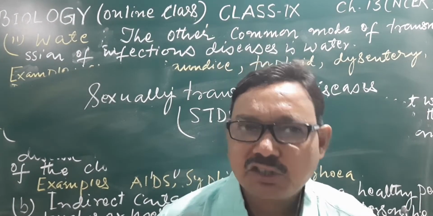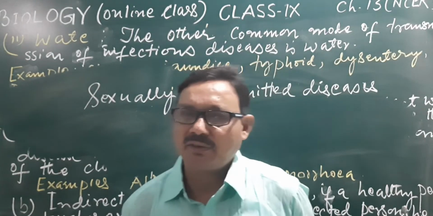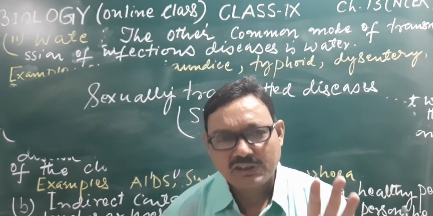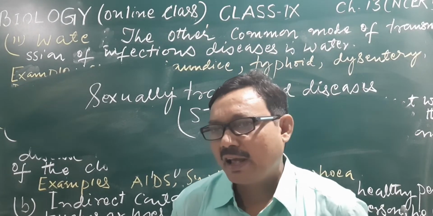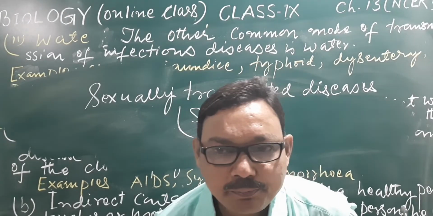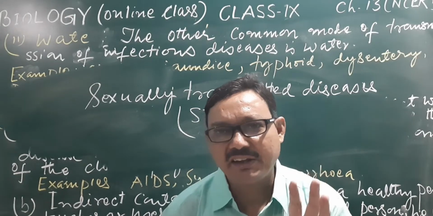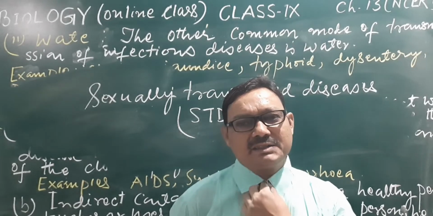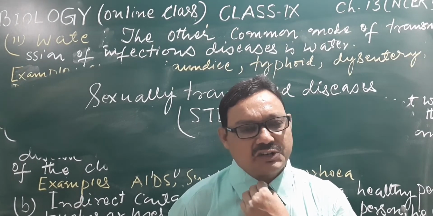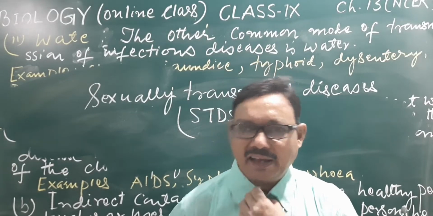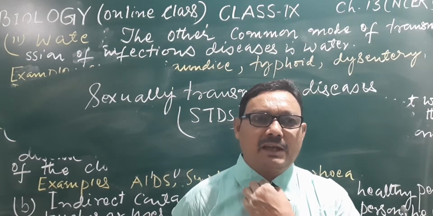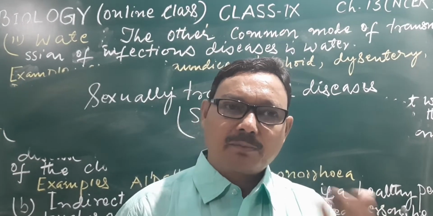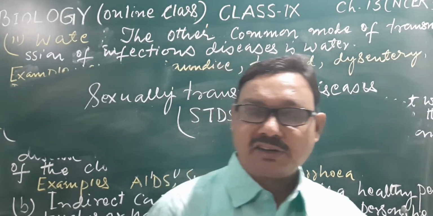Especially the mosquito is the commonest example of a vector, and among mosquitoes the female is the most common, because for the nourishment of the eggs they require large quantities of blood, and that is why they feed on other persons and can carry infections. They usually feed on warm-blooded animals like us.